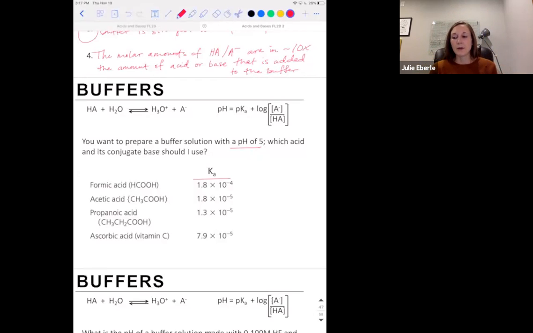So think about how to go about this. What do you need to do to Ka? You're going to need to calculate something for all of them and then choose the option.